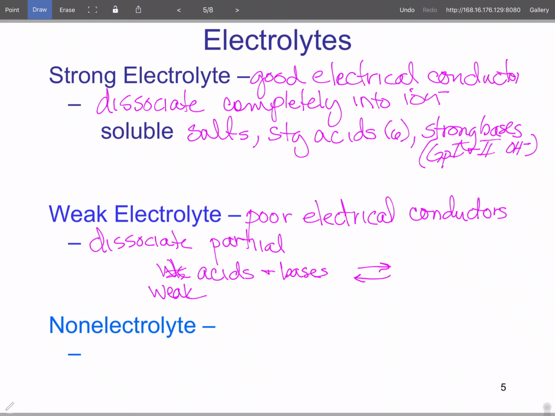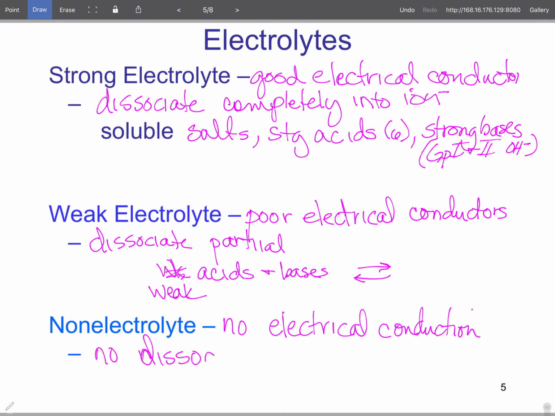Okay? Non-electrolytes have no electrical conduction. That means there is no dissociation. And this is actually kind of easy if you remember, these are all molecular compounds.